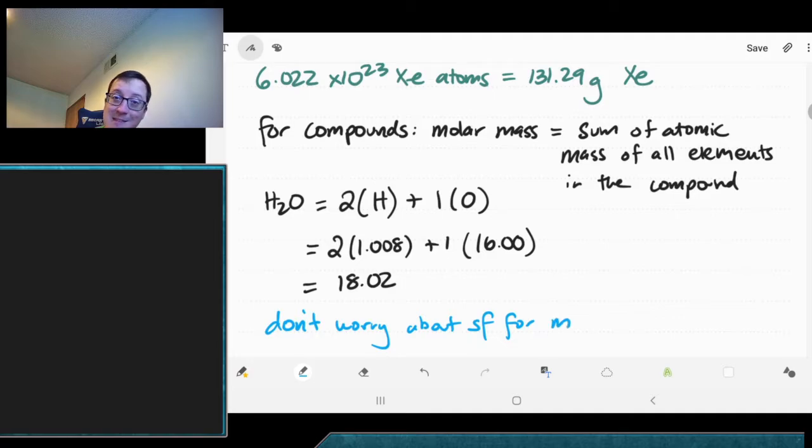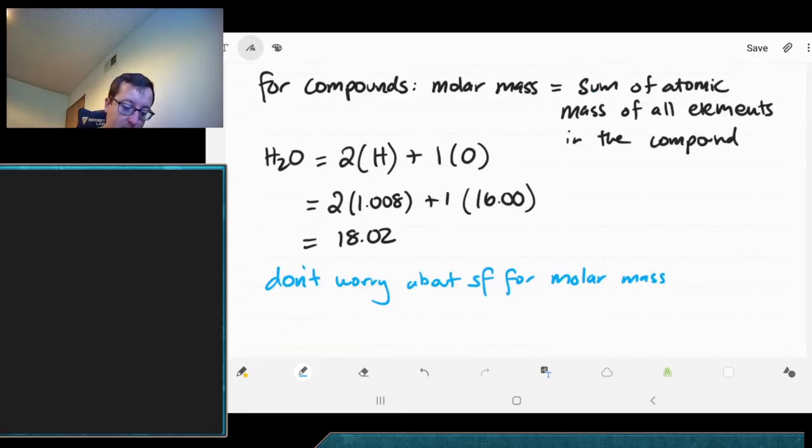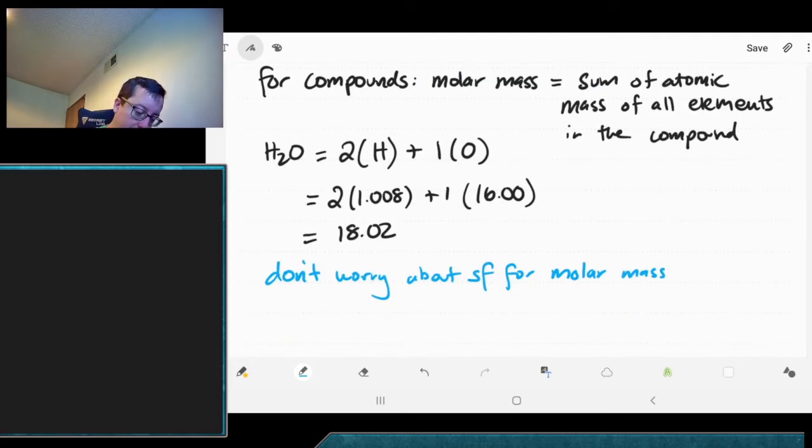These aren't measurements anyway, so they're not going to have significant figures. We're going to be using molar mass as a conversion factor anyway, so again, we're not going to worry about sig figs for molar mass. Typically, just use 2 decimal points.